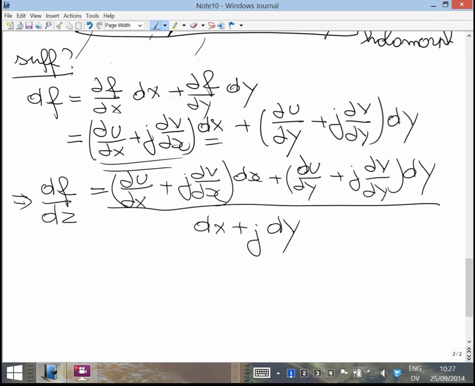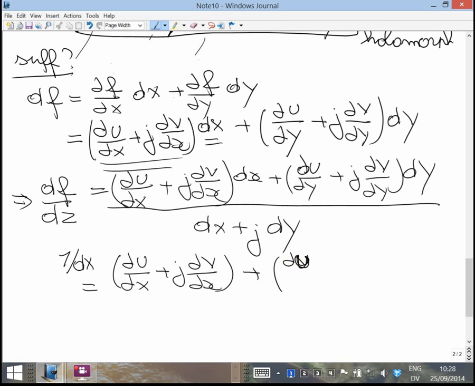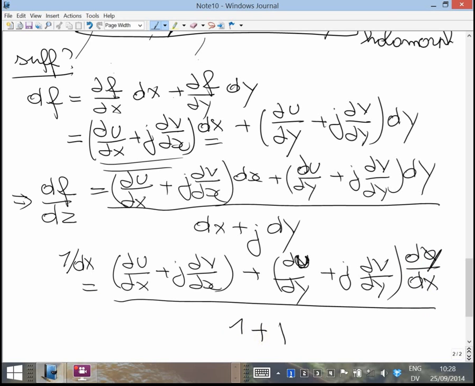Next step, we will divide for fun just everything by dx, and what we then get, we have du dx plus j dv dx, plus du dy plus j dv dy, and then we have here dy over dx, and then we divide everything also in the denominator. We have 1 plus j dy over dx.